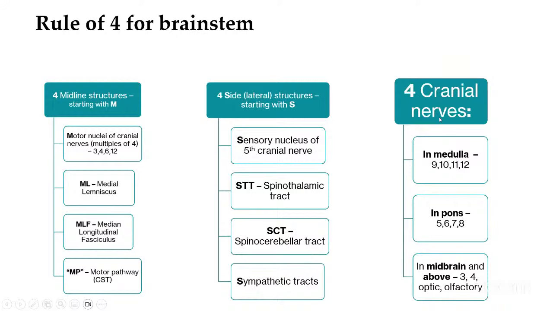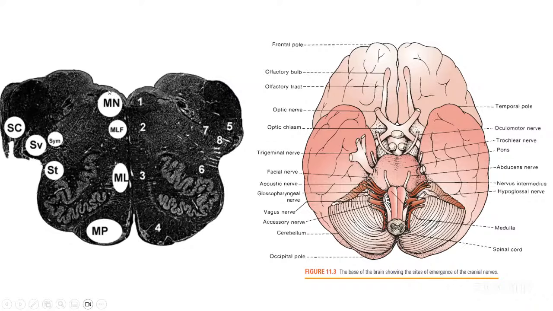4 cranial nerves each. At the level of the medulla, we have 9, 10, 11, 12, 4 cranial nerves. At the level of the pons, 5, 6, 7, 8 cranial nerves. And in the midbrain and above, 3, 4, optic and olfactory, 4 cranial nerves. So in this picture, we can see the midline structures starting with M: motor nuclei, MLF, medial lemnisci, motor pathway, corticospinal tract.